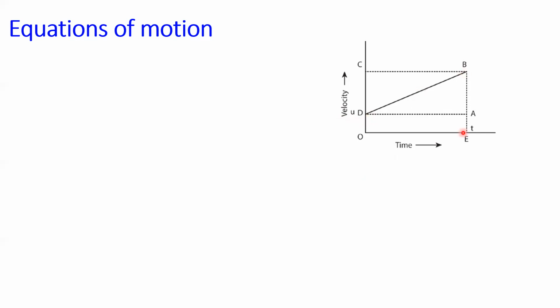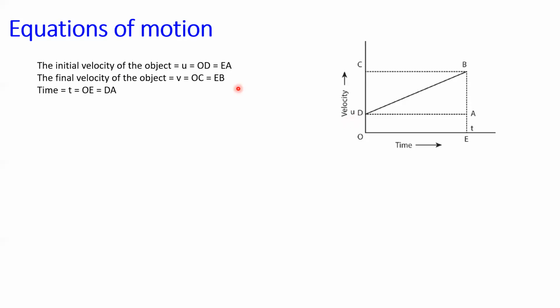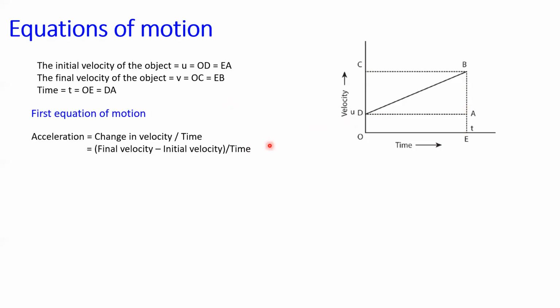Now the initial velocity of the object is u, which may be given by OD and AE. And the final velocity of the object is v, which is equal to OC as well as EB. And the time is t, which is equal to OE. Another one is AD, which is parallel to it. Then AB is equal to CD.